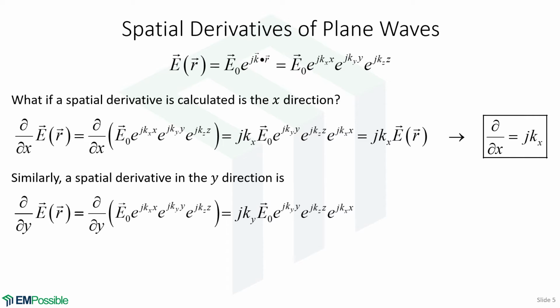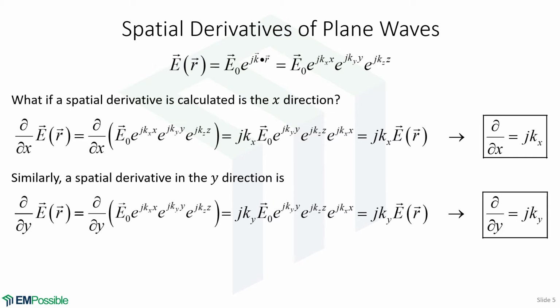So let's just replace that with the original electric field, and we end up here. Comparing what we wrote first to what we've written last, we can see that a partial derivative in the y direction is just like writing jky. This tells us physically the only thing happening of interest in the y direction is that the wave is accumulating phase, and the amount of phase it accumulates is described by the y component of the wave vector.